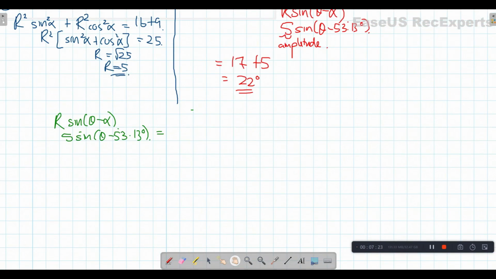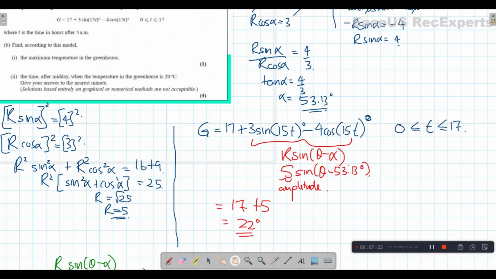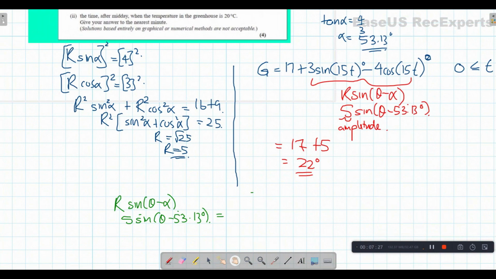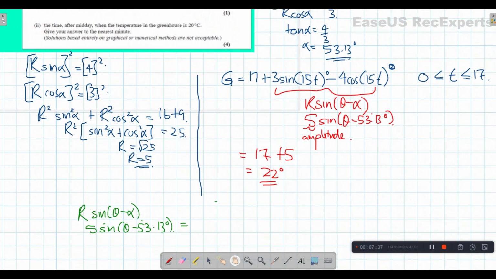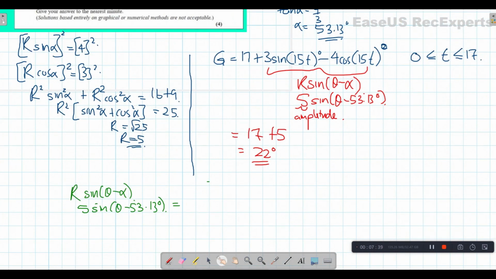Okay, so g is 20. Okay, g is 20. Can you see in the time after midday when the temperature in the greenhouse is 20 degrees? So g is 20. So let's substitute this information.